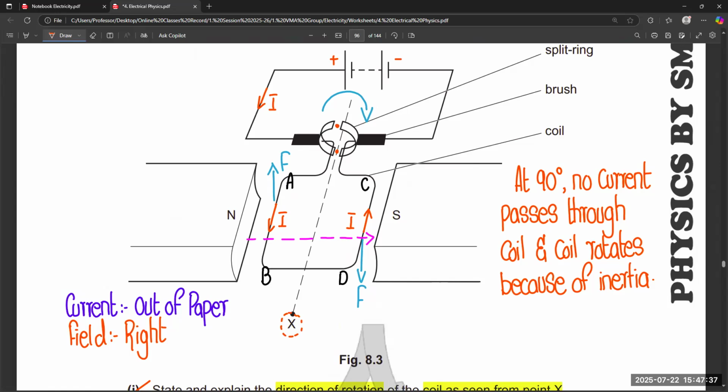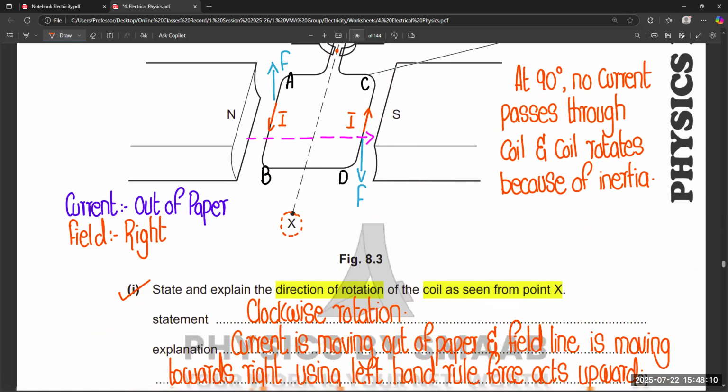At 90-degree there is no force acting on the coil because there is no current, and after 90-degree the sides of the coil flip, but still the direction of current is the same, because positive is on the left hand side and current is coming out of the paper from the left hand side and going inward from the right hand side. So that's why the direction of current remains the same and the direction of force also remains the same after the 90-degree change.